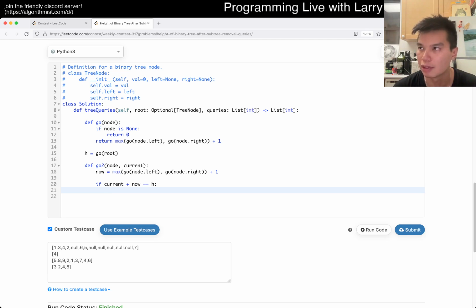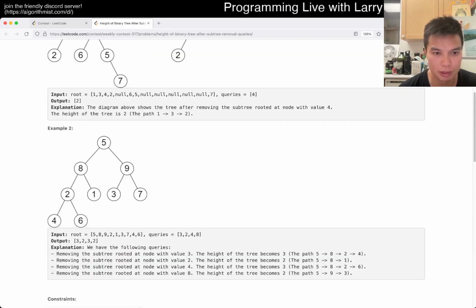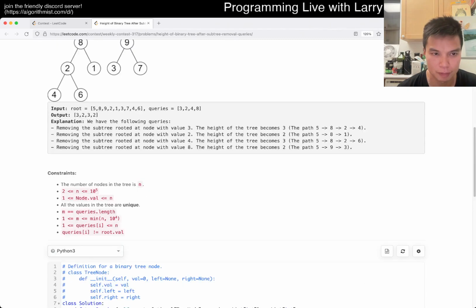Do I really need binary lifting? Is that really the only thing? So basically, if this answer only changes if we remove 2. 285. How do we do it? 2.